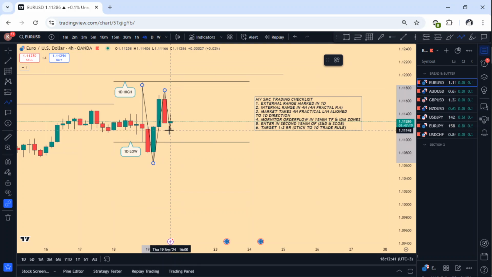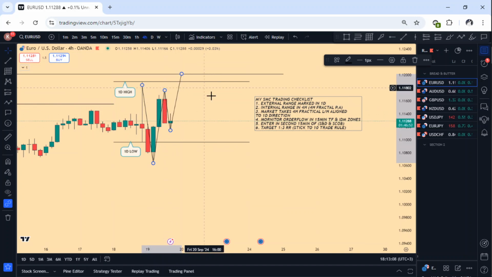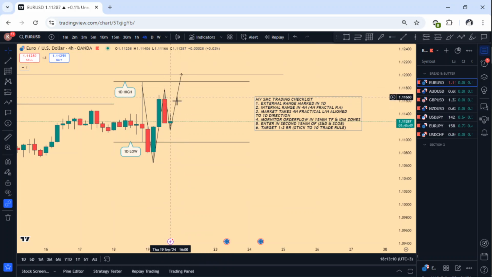So there is high probability that now this thing is just going to push upwards, and since the low of this candle and this candle has been taken, most likely we may get a deeper pullback that may even end up resulting in a liquidity sweep again, but that is not our business. Our business is already done for the day. So if I was still looking for a trade here, I would still look to see this being taken, because the daily yesterday closed bullish, and therefore my bias is just to buy.